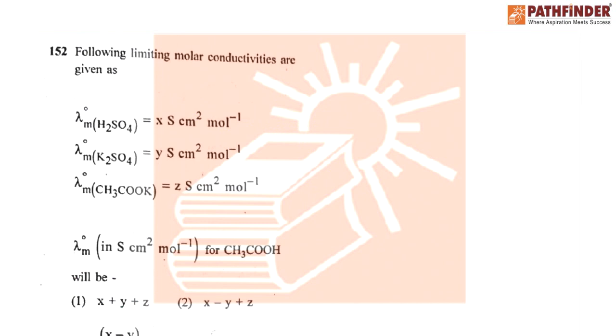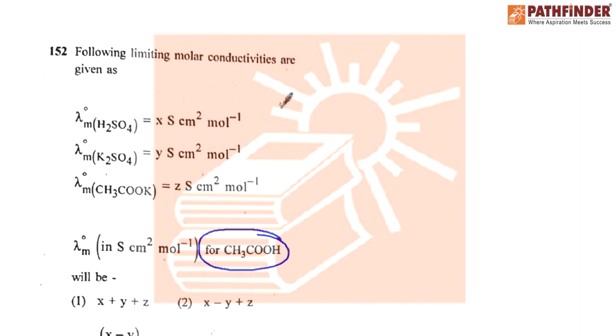Next, the following limiting molar conductivities are given. Lambda naught m of H2SO4 is given. It is a very easy question, students. You just have to manipulate all the 3 equations and get CH3COOH.